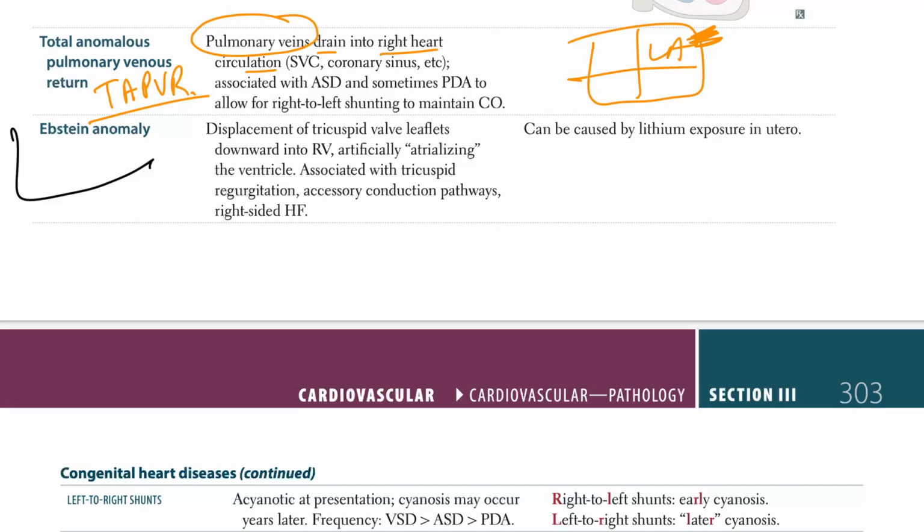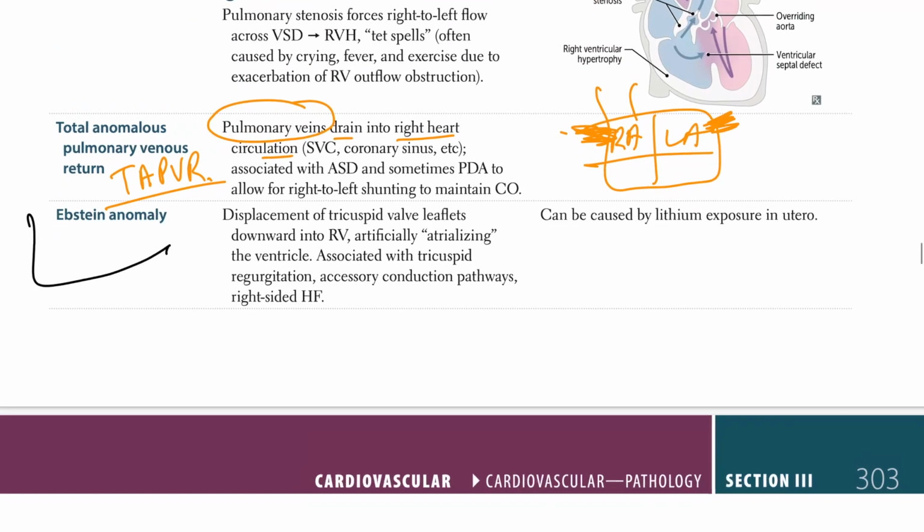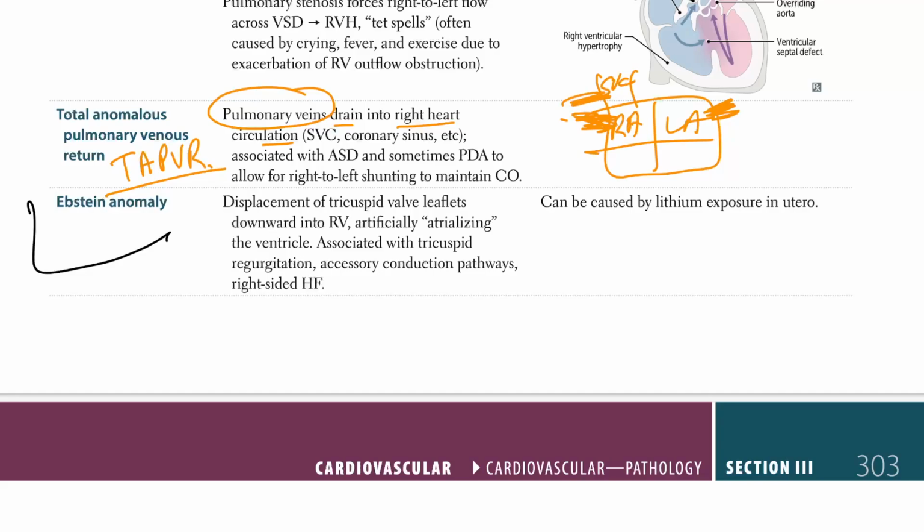But it now drains into the right heart. So instead of going there, it goes into the right atrium. Let's say it comes and drains here, either directly into the superior vena cava, this is the SVC, or the coronary sinus, which drains into the right atrium, right?